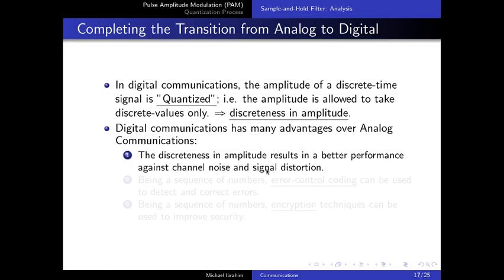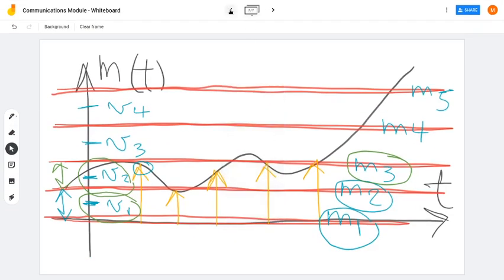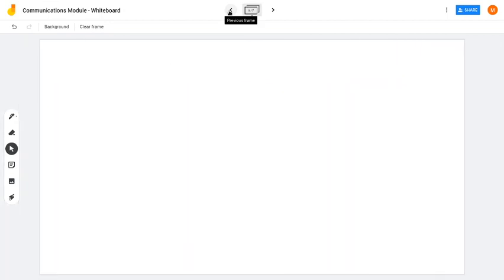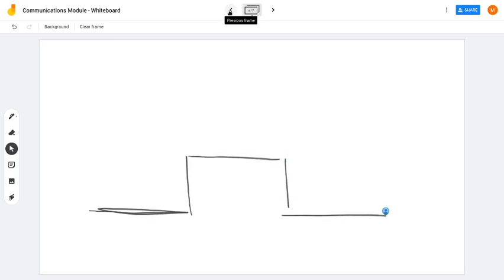In order to understand this, let's use this example. Let's assume that we have a message that has been quantized and the amplitudes are allowed only to take two values. Let's say this is V1 and this is V2, only two values. The amplitude is quantized. And this signal is transmitted over our channel.